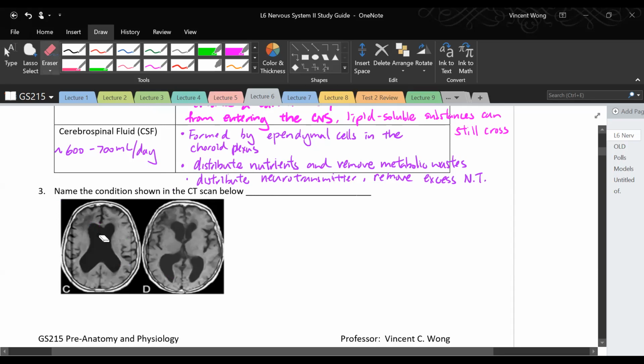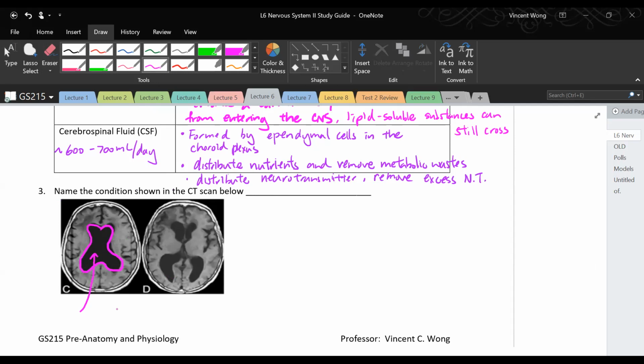Can someone tell me what these things are? This location here, this big empty space, what is that? Which part of the brain am I pointing at? Any suggestions?